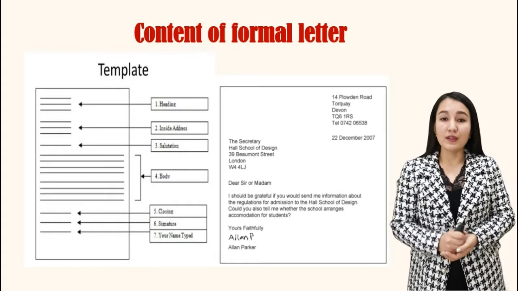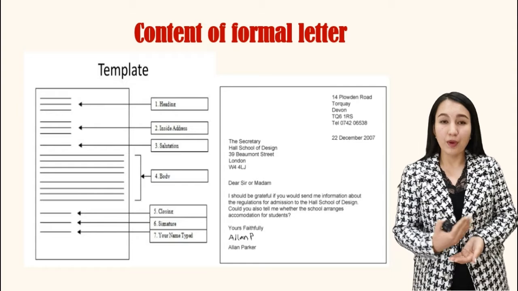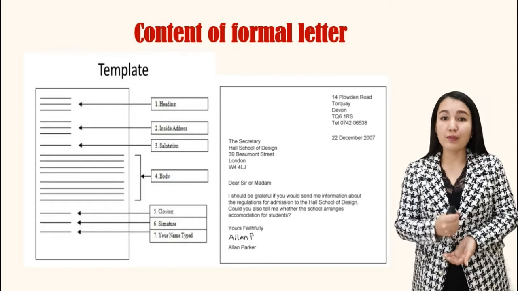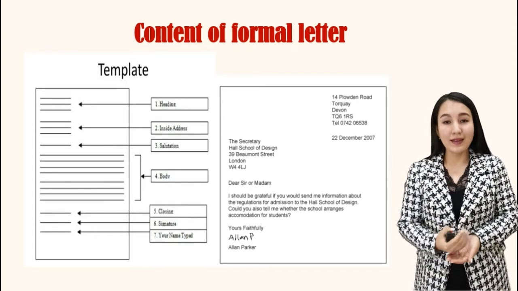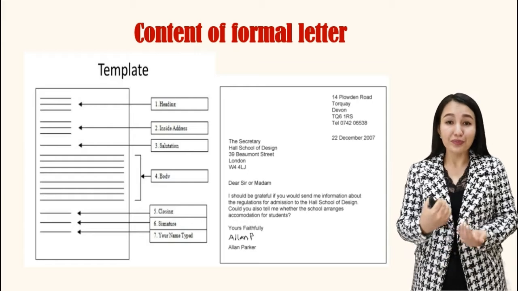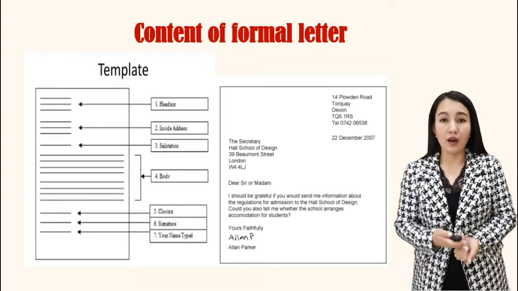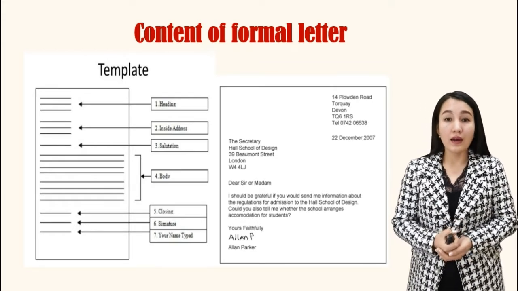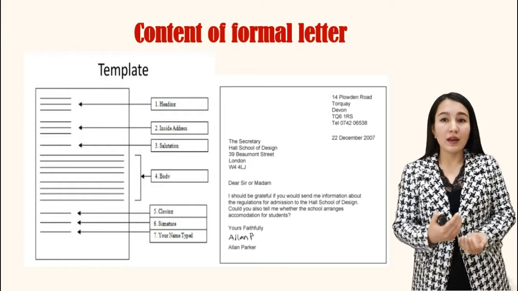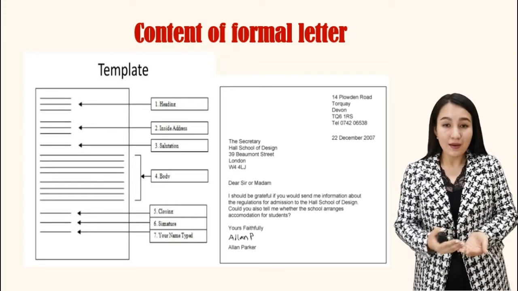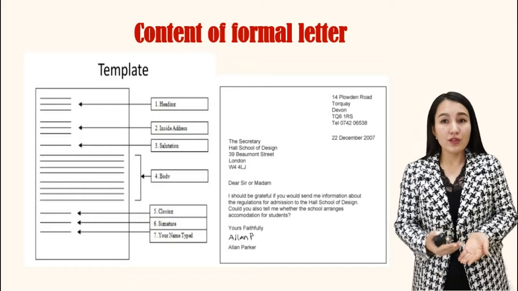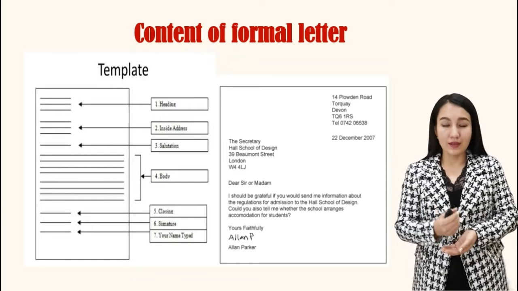The template is divided into 7 parts. The first part is the heading. The heading consists of the address and the date of the sender, of course. Then the inside address contains the name and the address of the person to whom you are writing.